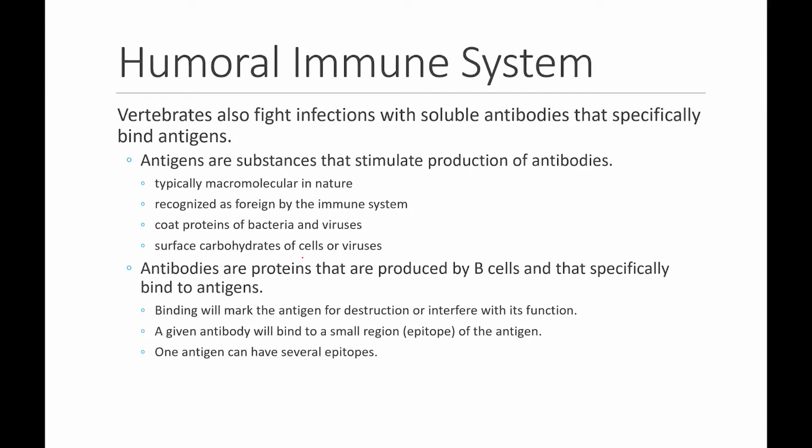And of course, the antibodies themselves are proteins. Remember that antibodies are a type of protein, and they are made by B cells to specifically bind to antigens. So B cells will produce a protein that recognizes a piece of some foreign material, usually some protein on a bacteria or a virus, or a carbohydrate on a bacteria or a virus.